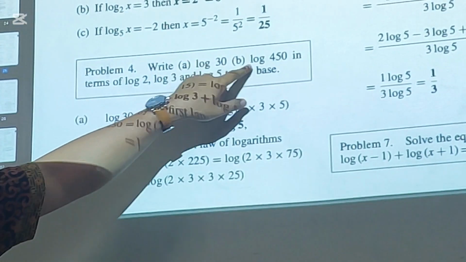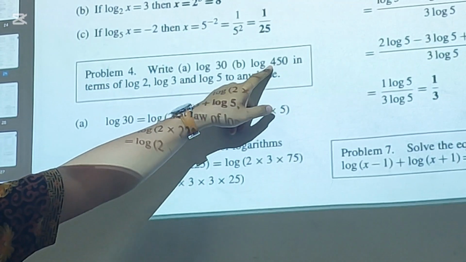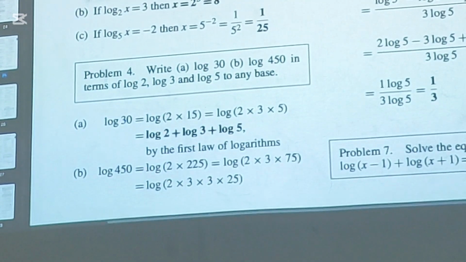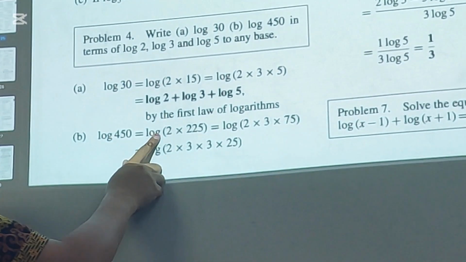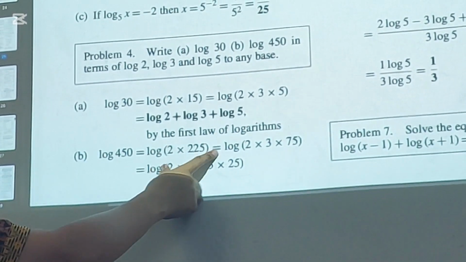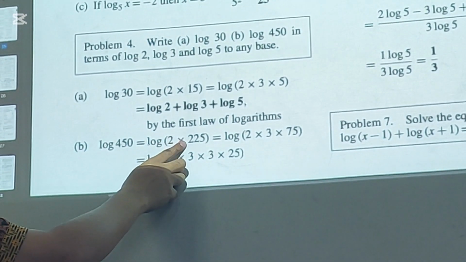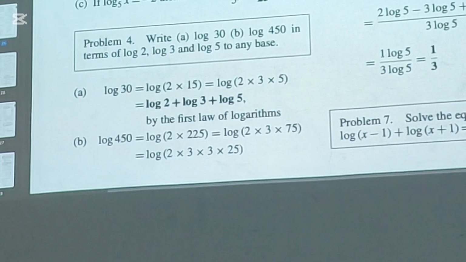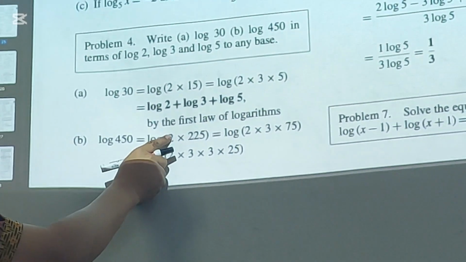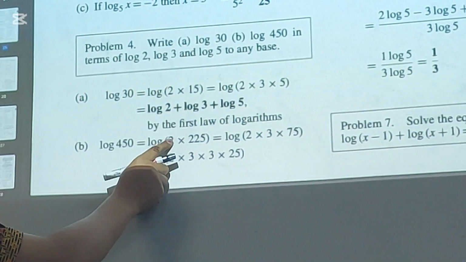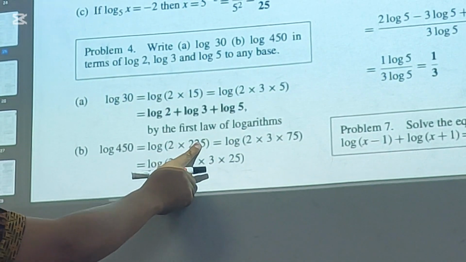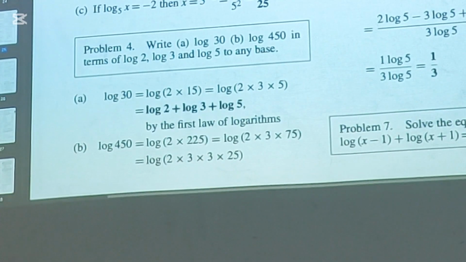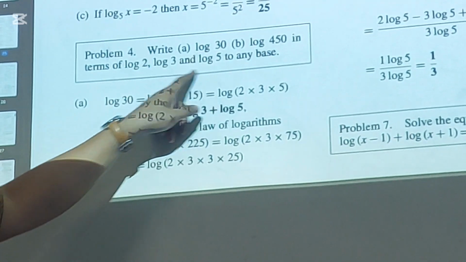For the b, log 450. You can also change it into log of 2 multiplied by 225. 2 is okay, but 225 is not yet finished. We have to convert it to others.